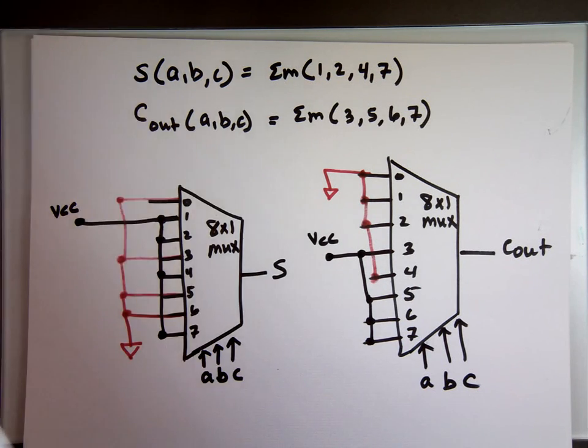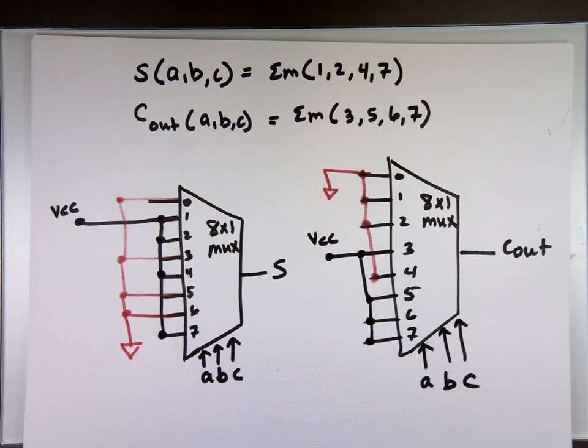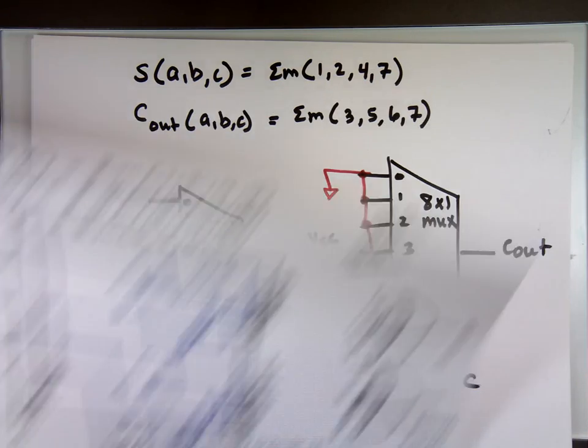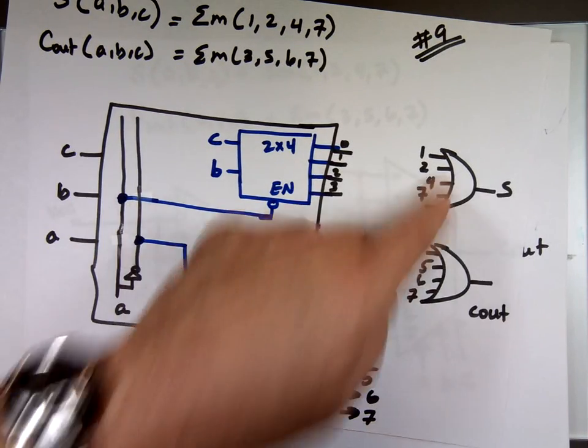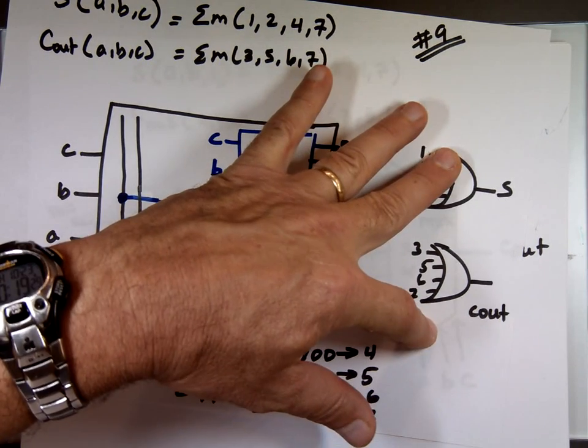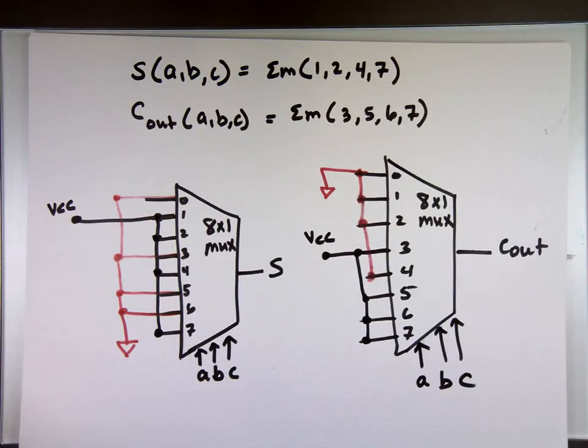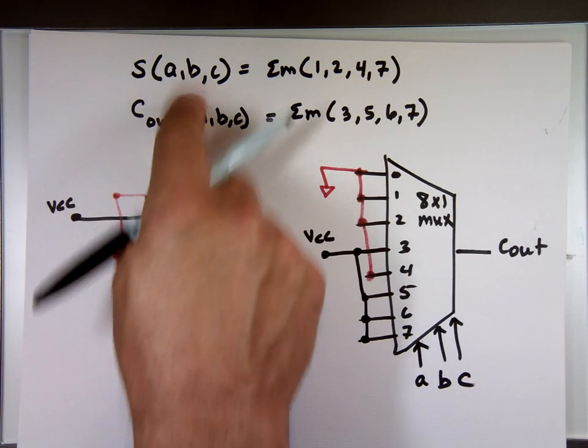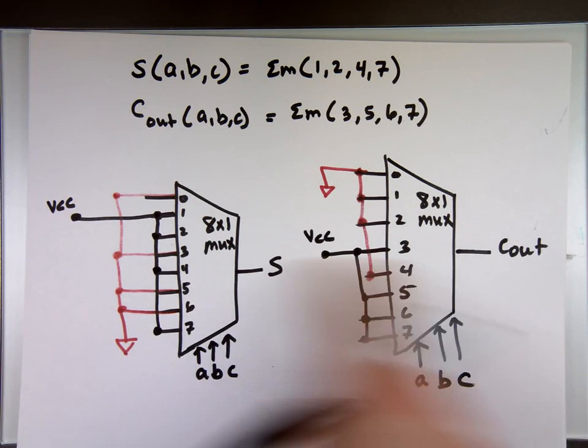Just put OR gates. When I did that function with a decoder, you only need 1 decoder. And if I have 10 functions, I can have 10 OR gates and attach the right pin to it. So one of these, lots of these. With the multiplexer, it is different. Each function, each output should have its own multiplexer.